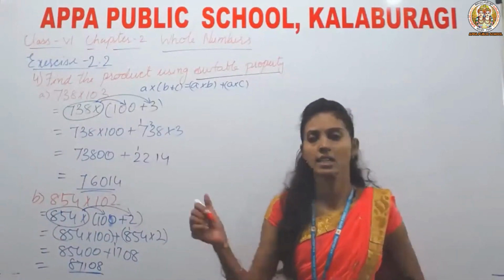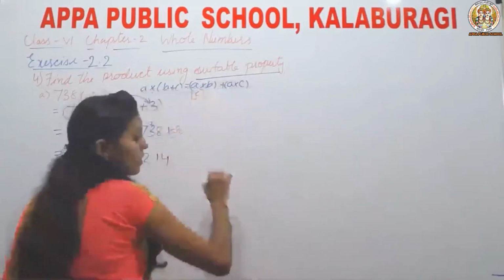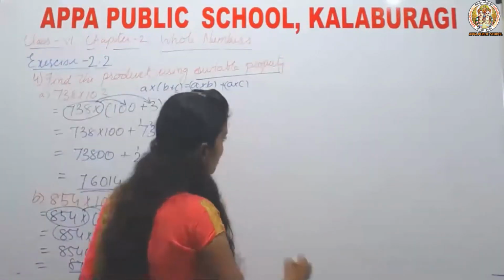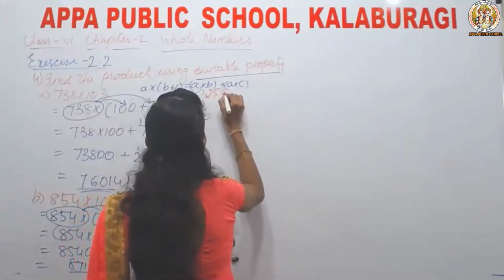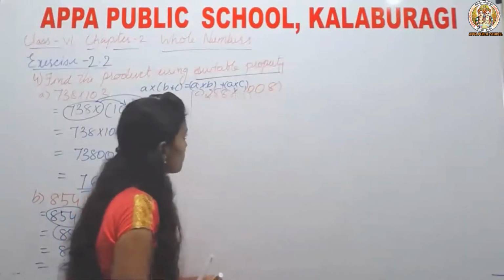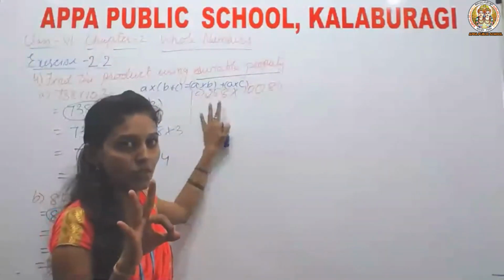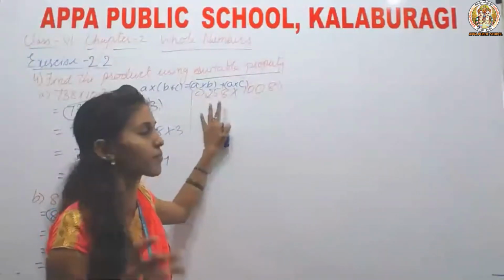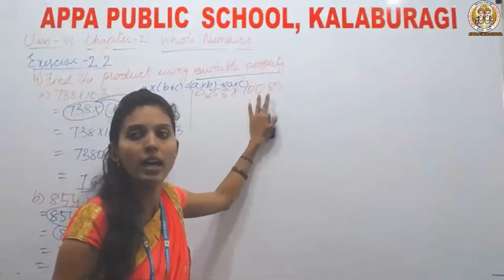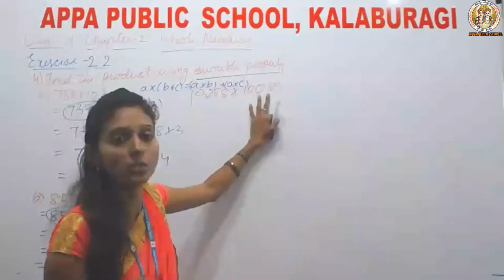Now, next problem is 258 into 1008. Even here also, if I split this one, I get 3 numbers, 258. If I split this one, I'll get only 2 numbers, that is 1008.